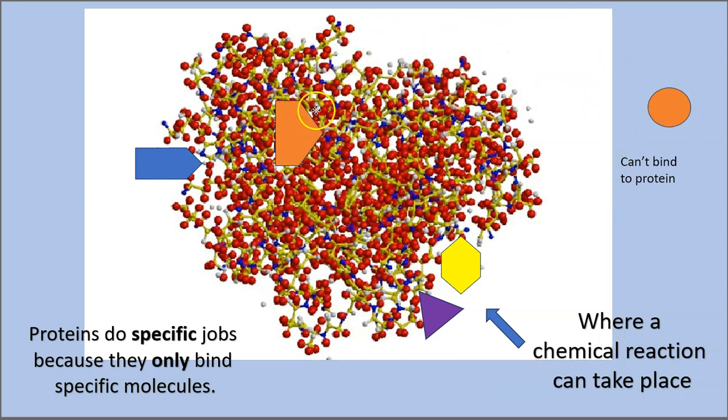There's no place for them to stick. So this protein cannot do anything with these molecules because it can't grab a hold of them. This molecule is able to bind to the protein, and perhaps it regulates the protein in some fashion. So proteins do specific jobs because they only bind specific molecules.